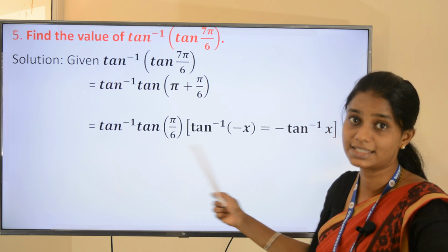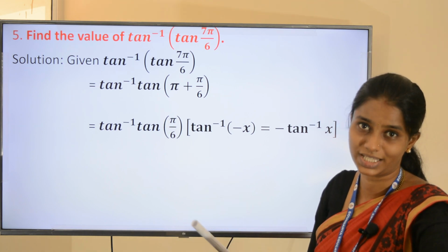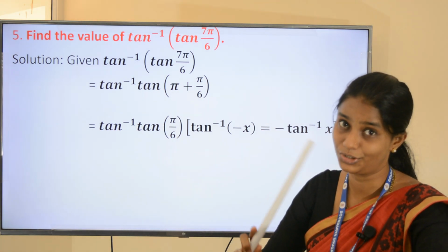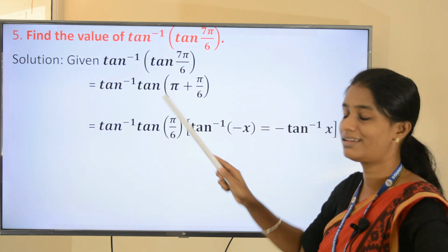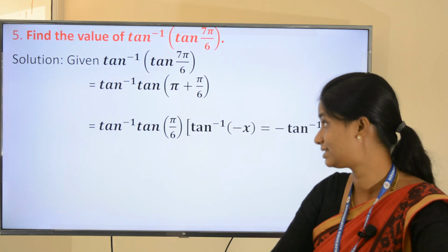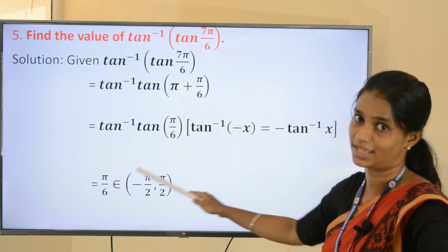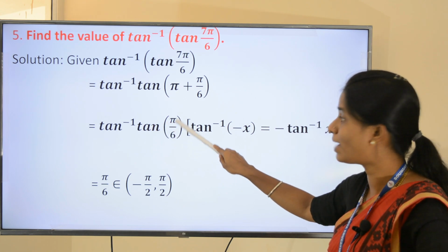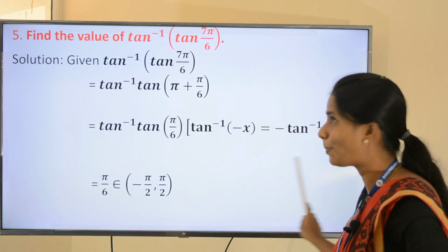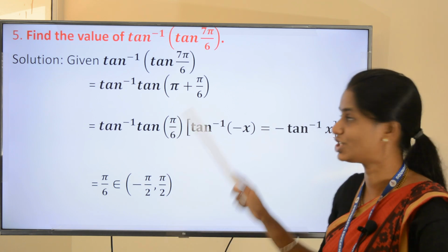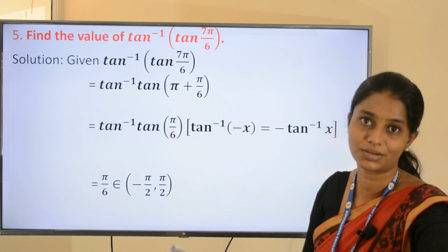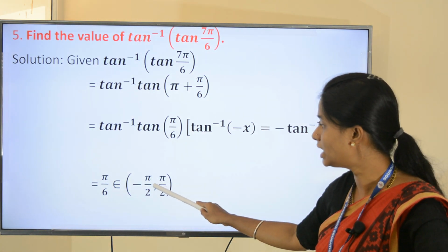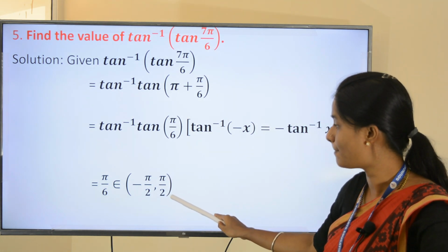Is it necessary to use that property here? No need, isn't it? So I can use the tan inverse of tan x property, which gives x. If we get a negative here, tan of minus pi by 6, then I have to use the property of minus tan inverse x. We have just recollected the property once again. So pi by 6 clearly belongs to the open interval minus pi by 2 comma pi by 2.